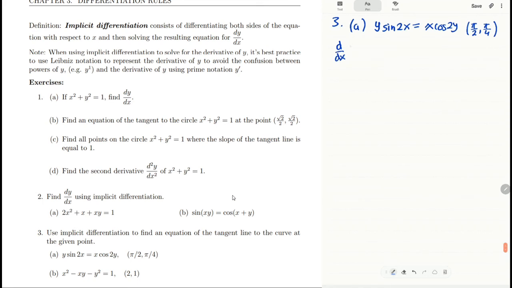So the derivative of y times the sine of 2x is equal to the derivative of x times the cosine of 2y. To differentiate these functions, we need to apply the product rule. We'll call y our f, and sine of 2x is our g. On the right-hand side, we have another product rule. So x will be f, cos of 2y will be g.